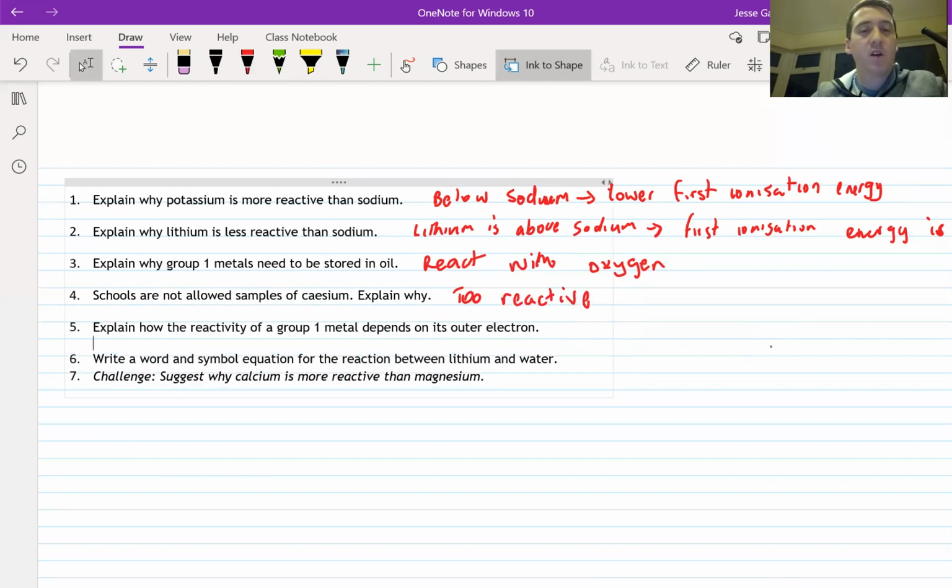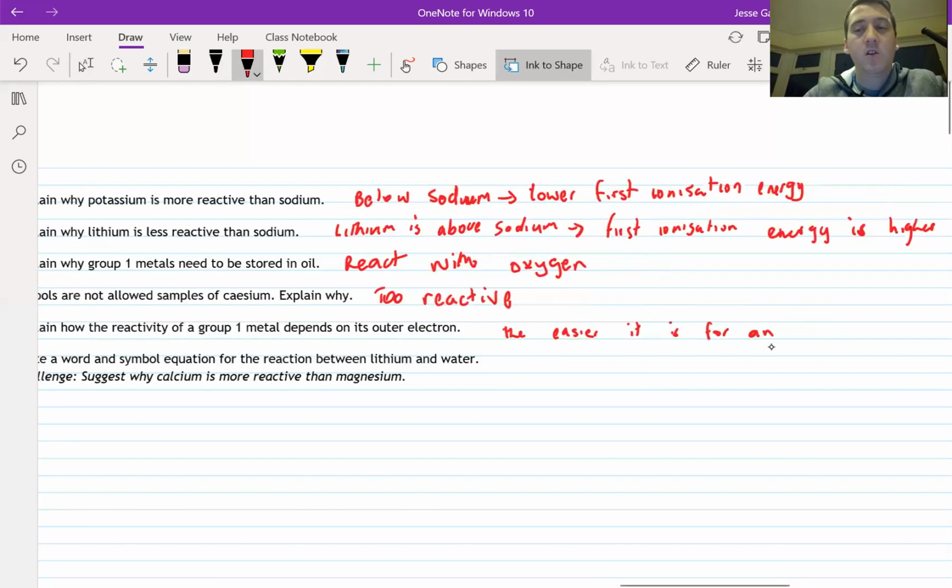Explain how the reactivity of a group 1 metal depends on its outer electron. Okay, so the easier it is for an element to lose its outer electron, the more reactive it would be.